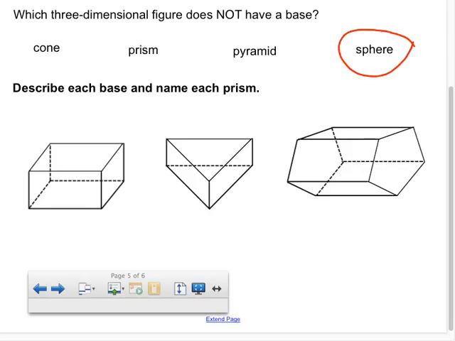A cube? That's what I'm looking for. It's a rectangular prism. Remember, a cube means all the faces are what shape? Right, are all these faces square? No, we have some rectangles in there. So the base would be a rectangle. This would be a rectangular prism.